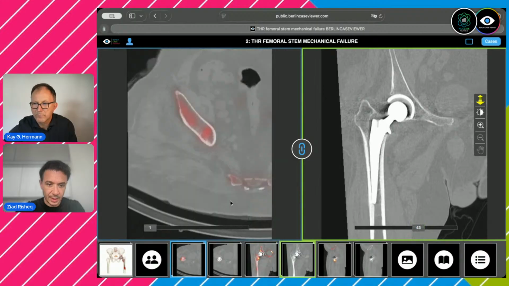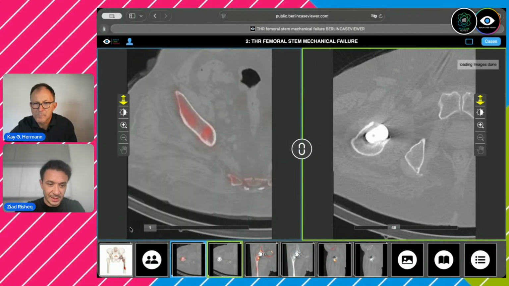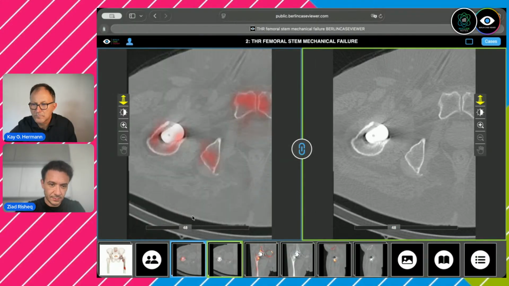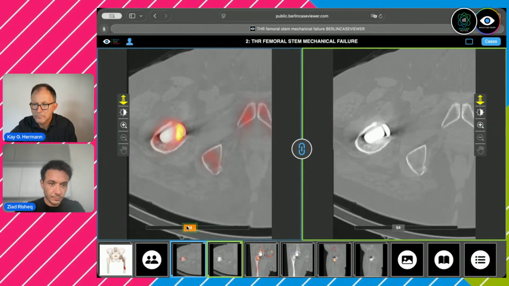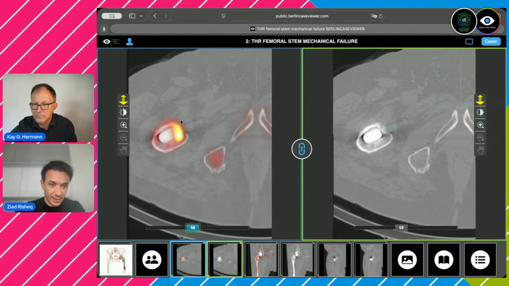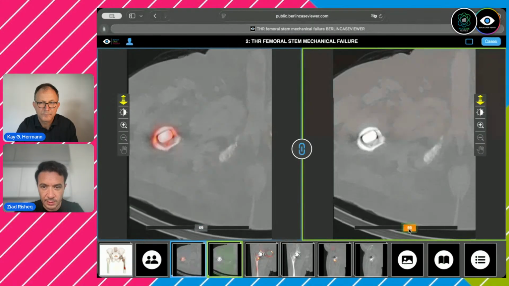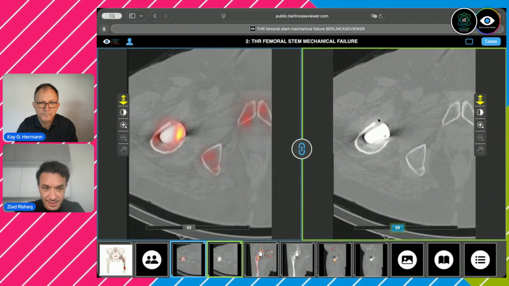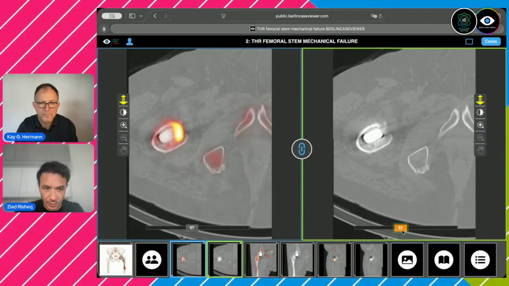Let's take a look at the axial slices. So here you can see the intense uptake around the lesser trochanter or at the calcar or the medial region. And you can see there is a bit of bone remodeling, and you can appreciate there is some kind of osteolysis involving the cortex.